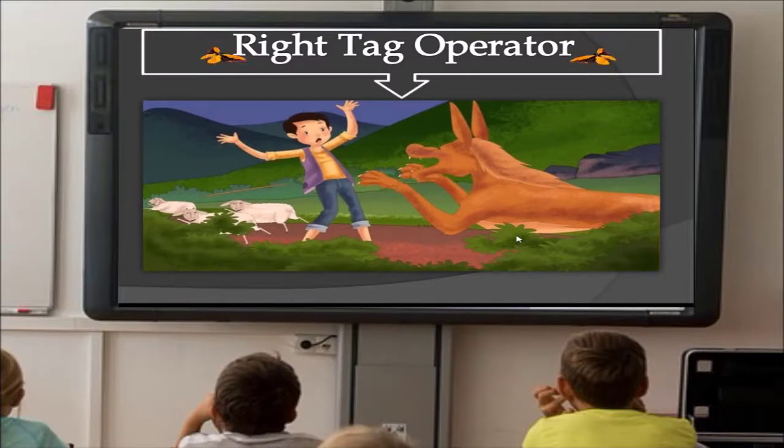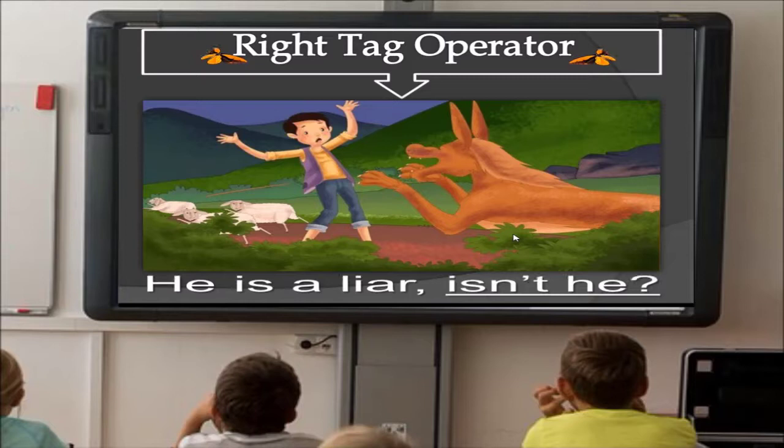Right tag operator. This is also another picture. He is a liar, isn't he? Look at, he is the subject of the statement part, and also the subject of the tag is he. Understand?